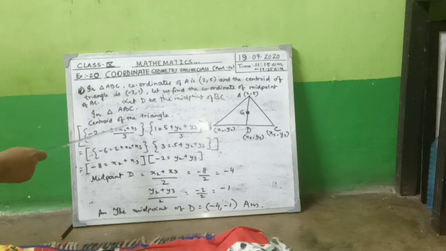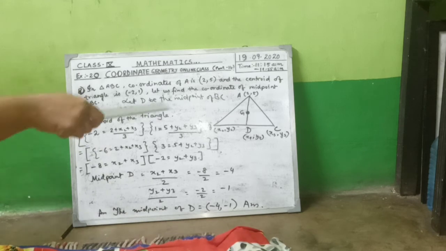So x1 plus x2 plus x3 divided by 3 is equal to 2. You cross multiply it. It will be 6 equals 2 plus x2 plus x3. If you transfer the 2 to this side, it will be minus 2. 6 minus 2 will be 4, so x2 plus x3 equals 4.